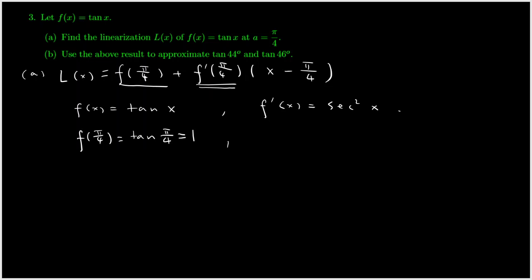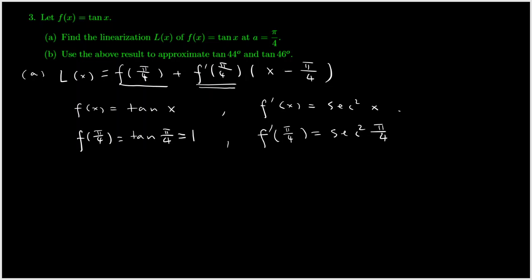Okay, we also need the derivative of the function at pi over 4. By that we mean we need the value of the derivative at pi over 4, which means we need secant squared of pi over 4. Secant squared is kind of hard to see. If you are used to it, it's okay.